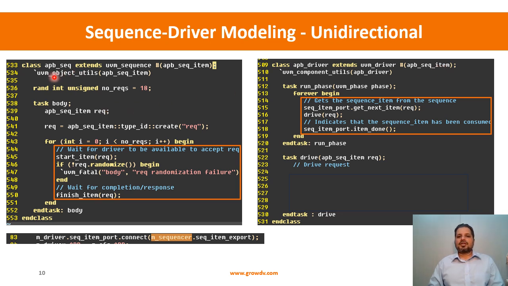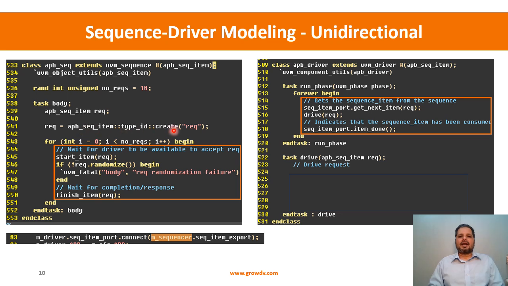One is the object registering with object utils, the other is the component registering with component utils. Not that it matters for the purpose of this discussion. We have the task body, as we talked about, which gets executed when we start this APB sequence, and then we have the run phase for this particular driver, where we have the forever loop which executes the request sequence items one by one.